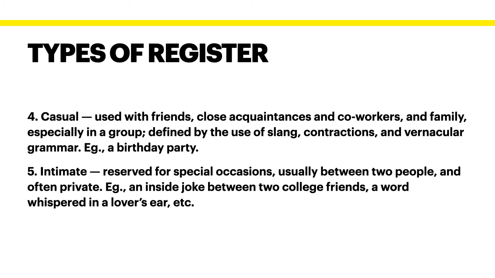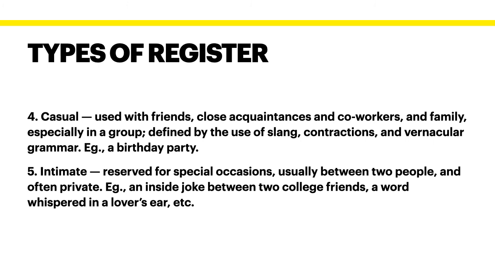And then, of course, the kind of words that are spoken between lovers would be very intimate. But also, suppose you are not feeling well and your mother comes or your father comes and tries to comfort you, the kind of register that is used at that moment is also very intimate. So intimate is always reserved for special occasions.